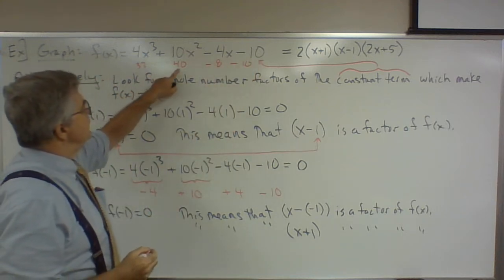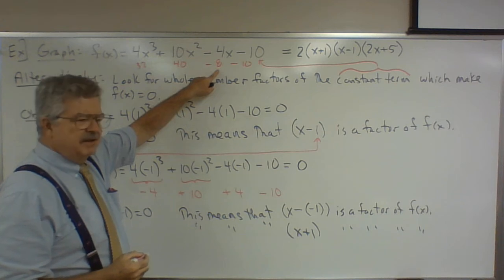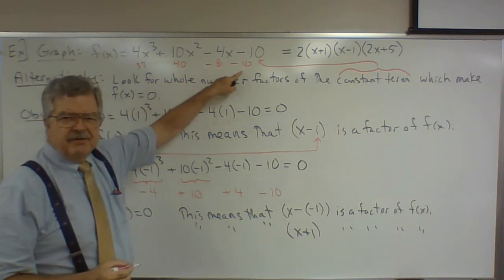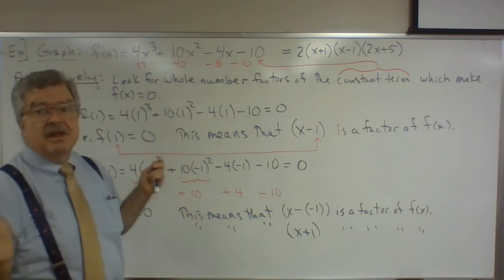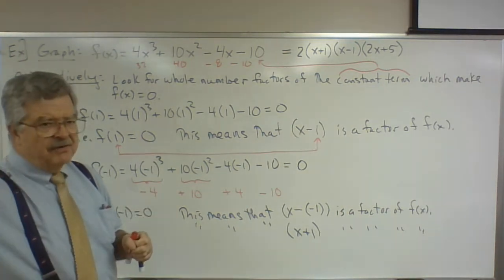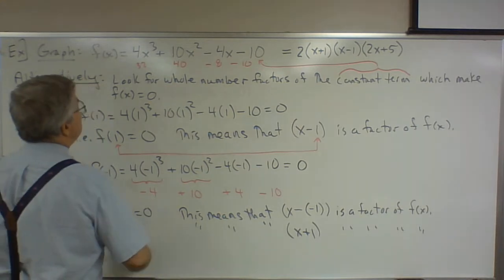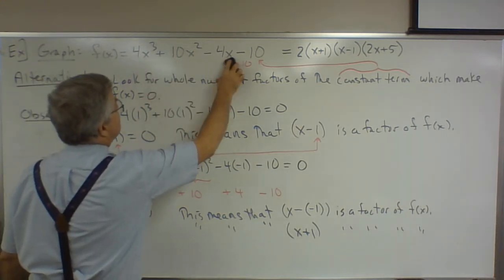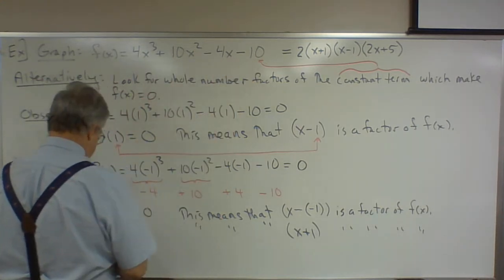So we have 72 minus 8 is 64 minus 10 is 54. We plugged in 2, we didn't get 0. So nothing special about x equal 2 here.